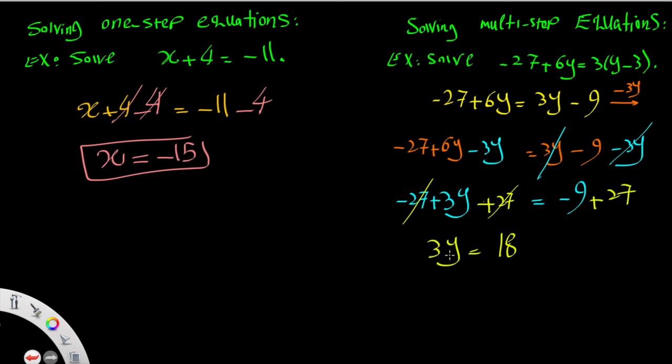How can we get rid of 3 here? Yes, the fourth property. You are allowed to divide both sides by a non-zero constant number. So I divide both sides by 3. The 3s cancel out each other. y will be 6. So the answer to this equation is 6.